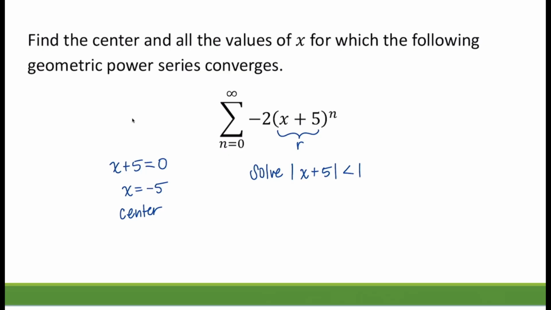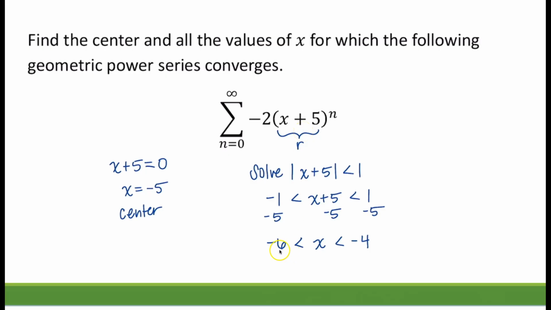We can take this absolute value inequality and turn it into a three-part inequality: -1 is less than x plus 5 is less than 1. We can subtract 5 from all three parts, and we have -6 is less than x is less than -4.